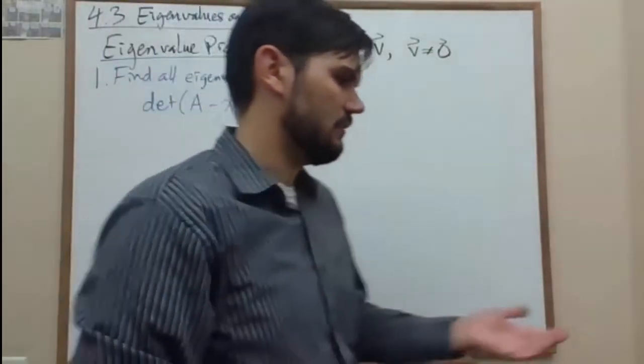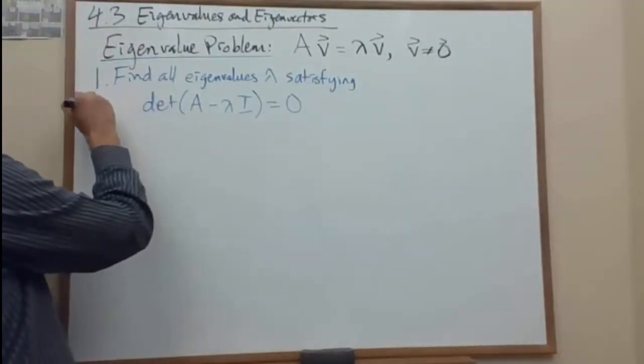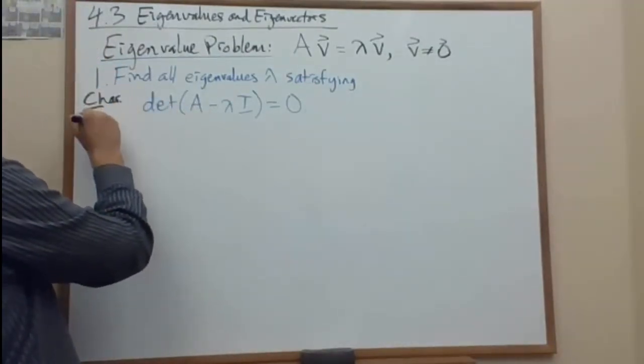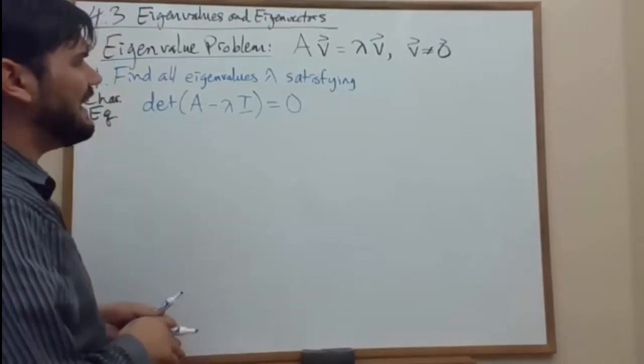And we call this thing the characteristic equation for matrices.